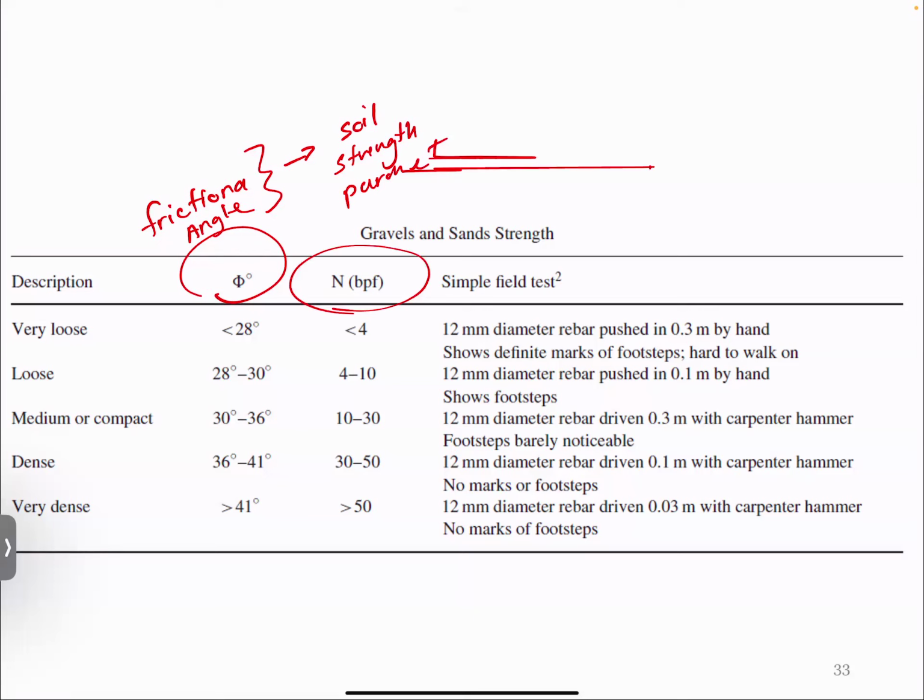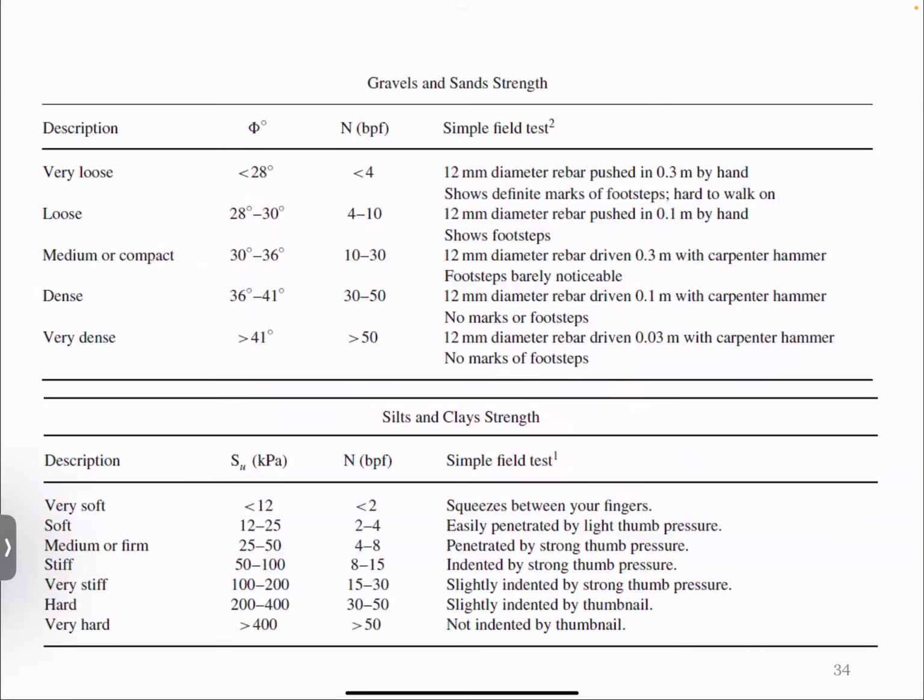And then you can see the N values correlated with this. So there are a lot of tables and steps out there that help us estimate the strength from the type of in situ test that we're working with. Here are some more tables for gravels and sands and silts and clays. This is shear strength, which is another strength parameter.